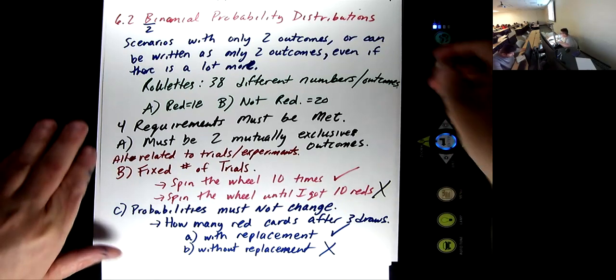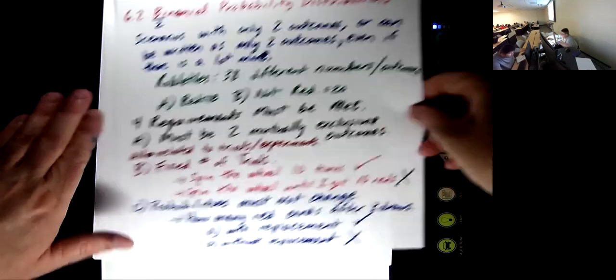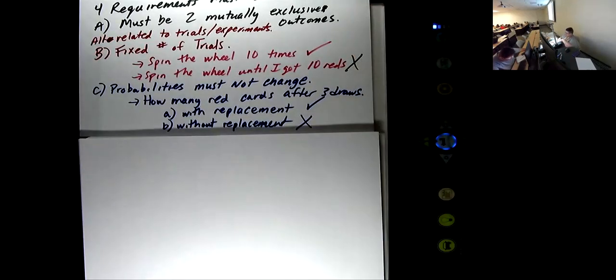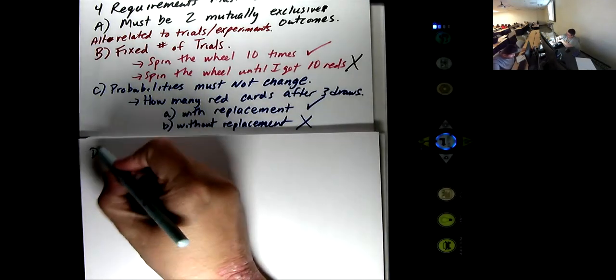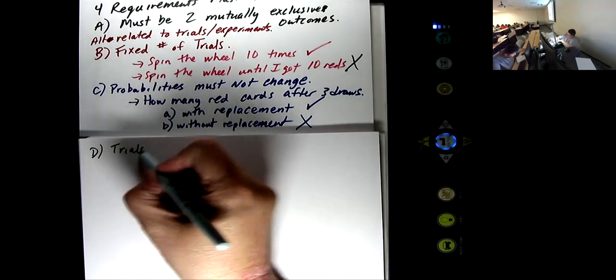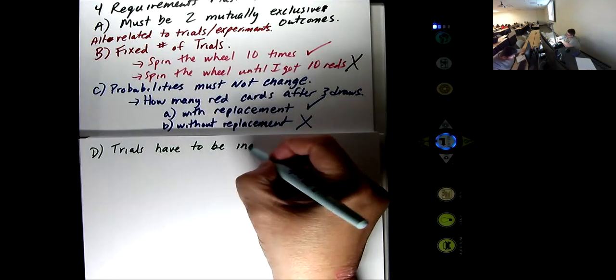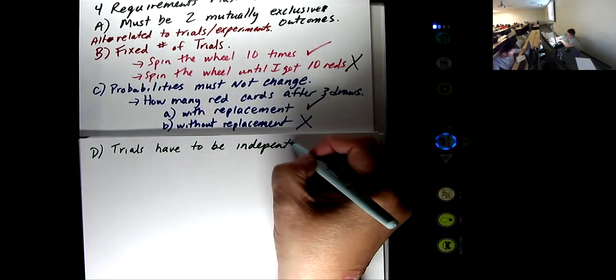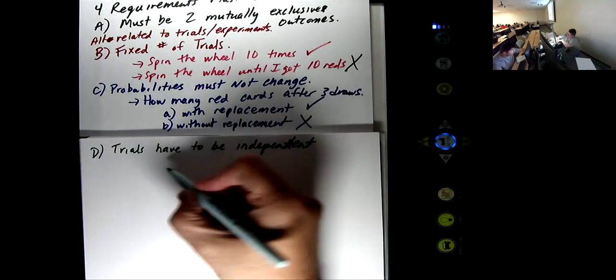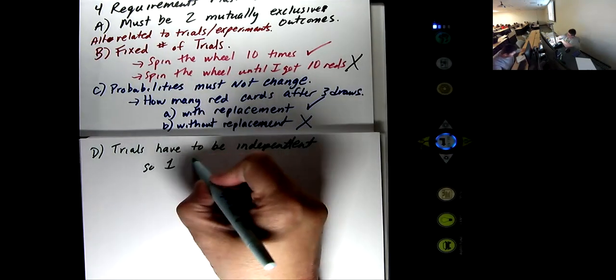That one kind of goes with the next one. They're very related. D is the trials have to be independent. So one trial doesn't affect the next.